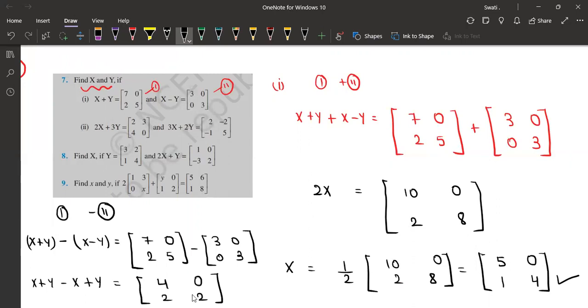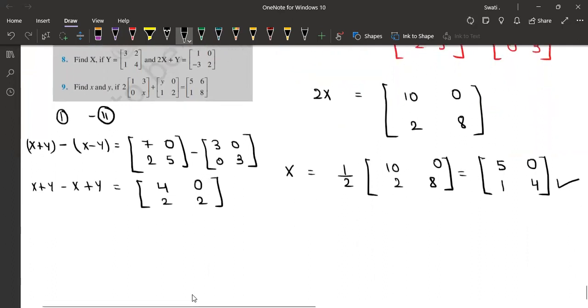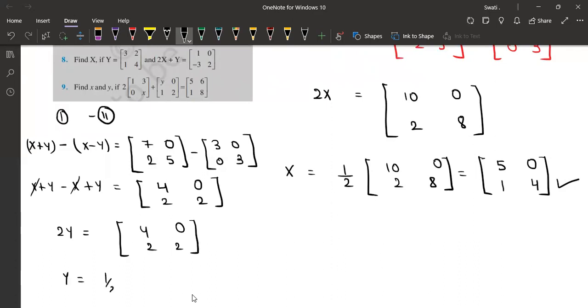All right, now let's move ahead. Clearly x and minus x will get cancelled, so y plus y is 2y. 2y equals the matrix 4, 0, 2, 2. So if 2y is this, what is the value of y? Half times the matrix 4, 0, 2, 2. If you simplify this, half will get multiplied with each of the entries inside the matrix.